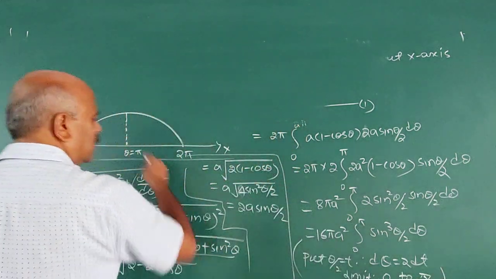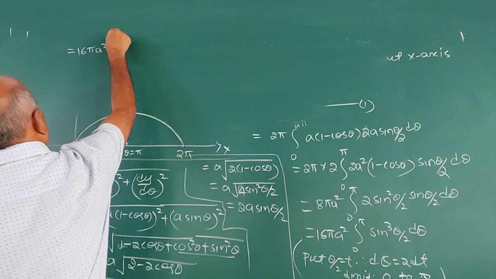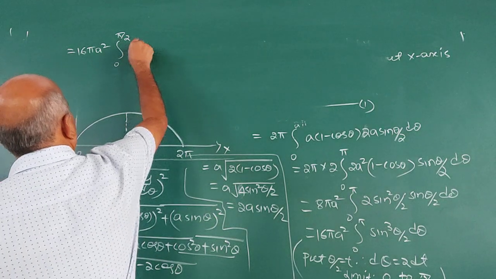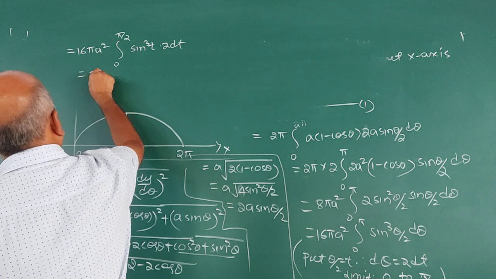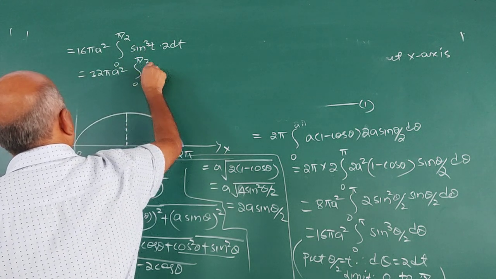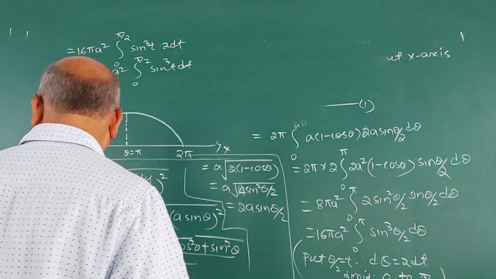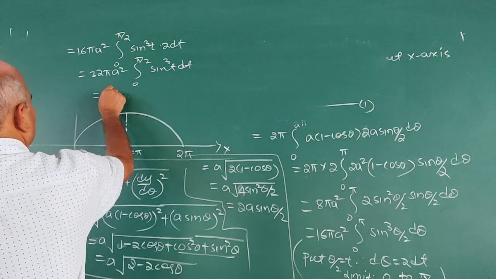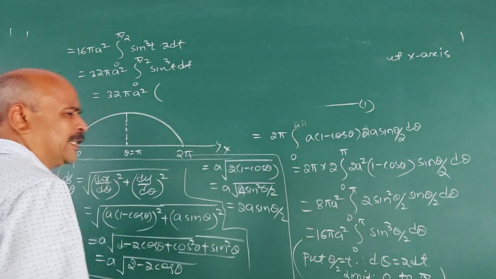Hence 16 pi a square integral from 0 to pi by 2 sin cube t into 2 dt. So 32 pi a square integral from 0 to pi by 2 sin cube t dt. What is the integration? Integration is this, 32 pi a square and sin cube t.